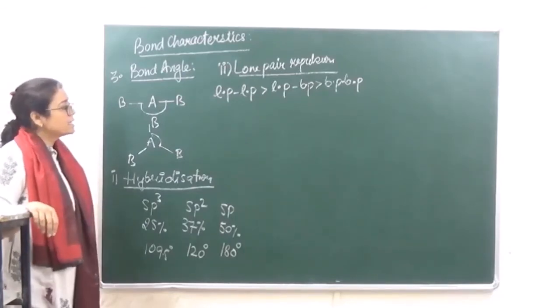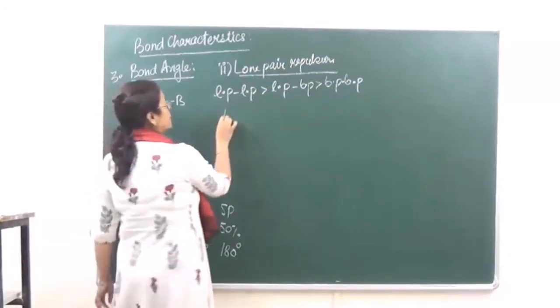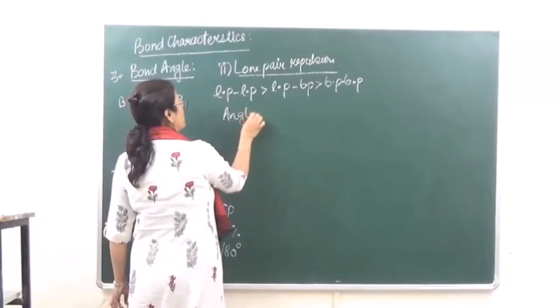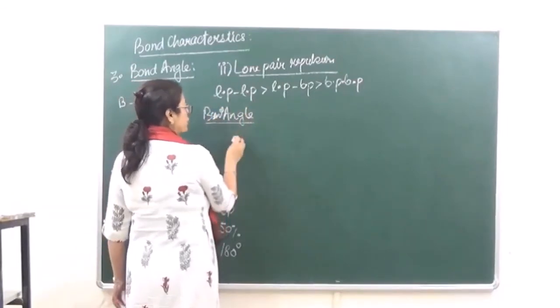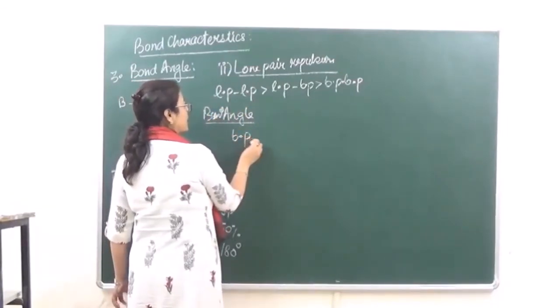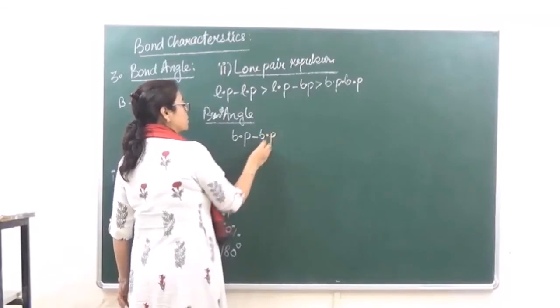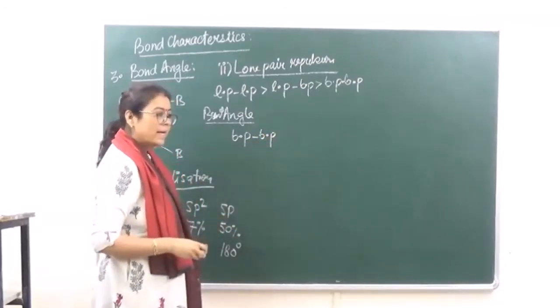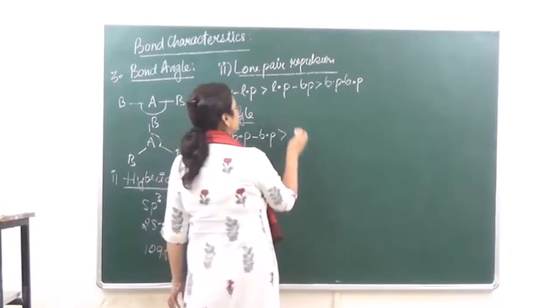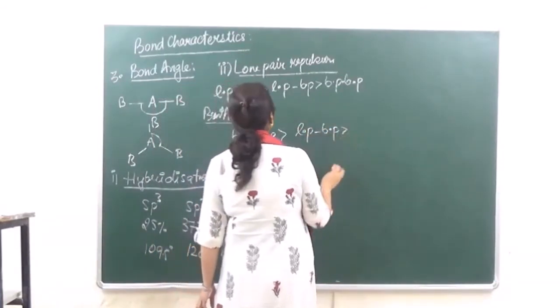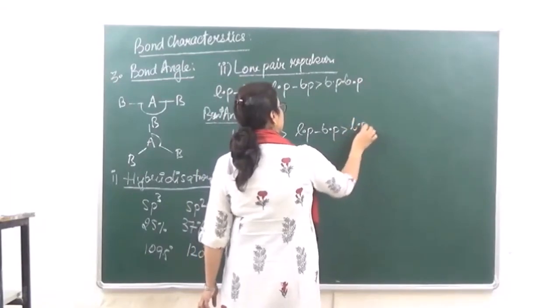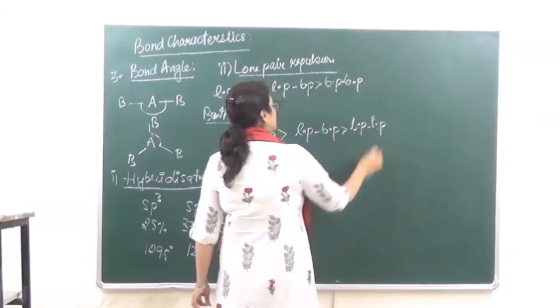So in this case we can say that the order of bond angle that is going to be maximum bond angle in bonded pairs, ठीक है, फिर उसके बाद bond angle in lone pair bond pair, और फिर उसके बाद bond angle in lone pair.